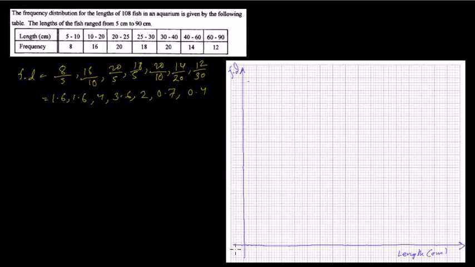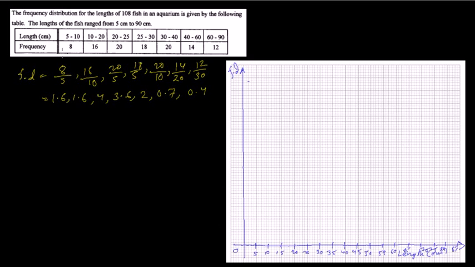Let's try to see whether it works here or not. 5, 10, 15, 20, 25, 30, 35, 40, 45, 50, 55, 60, 65, 70, 75, 80, 85. So we need one more. Let's see how it works out.